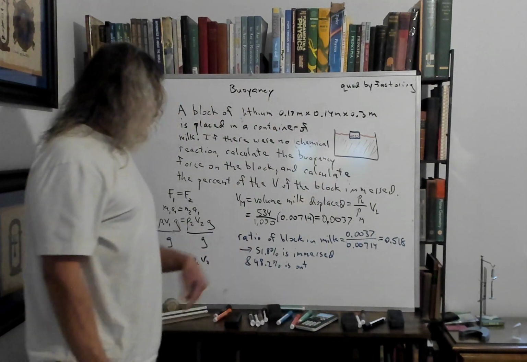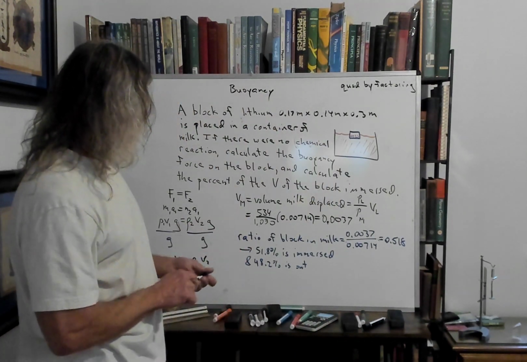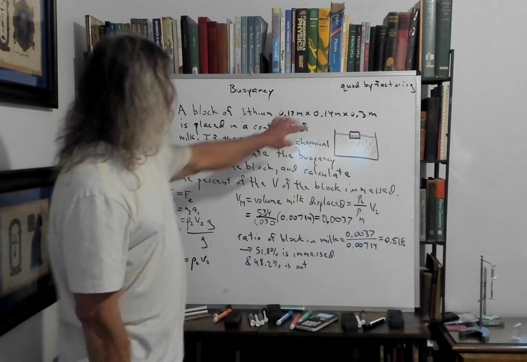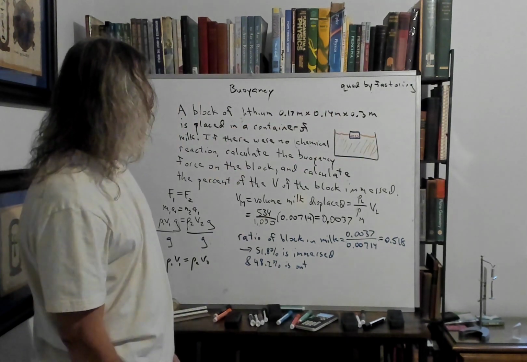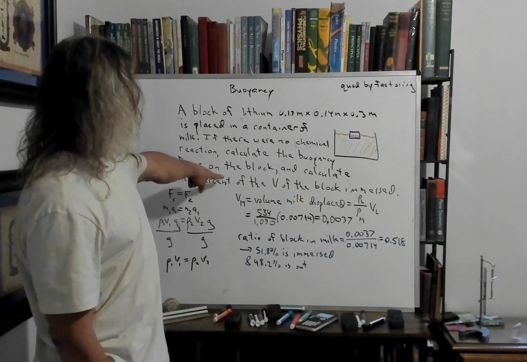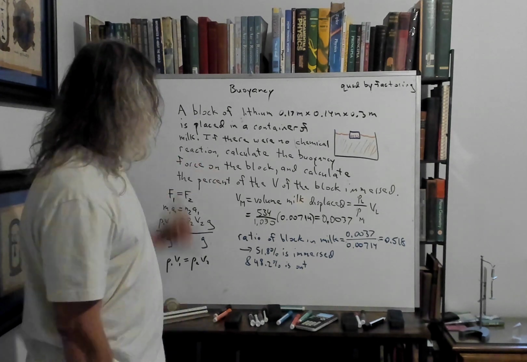That's what it asked for, but I'll do that. That'll make sense of it. So it's about 50-50 in and out, a little more in, and a little bit less of it out of the milk. So there is the percent of the volume of the block immersed. And there's the Y.